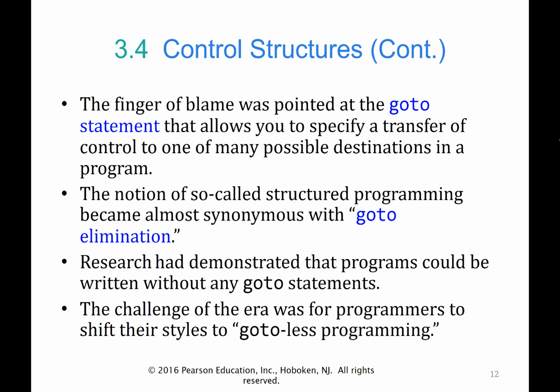Now, in terms of real life, we have the equivalent of the go-to: let's go to grandma's house for dinner. But in reality, that's not a go-to, because you're going to grandma's house for dinner, but then you're returning back home, right? So it's more like a call to a subroutine, which we'll cover later, or a function call. It's not arbitrary.